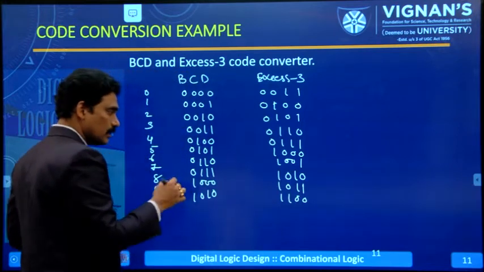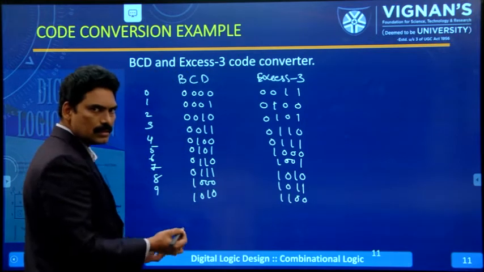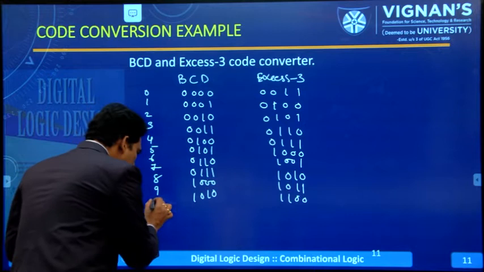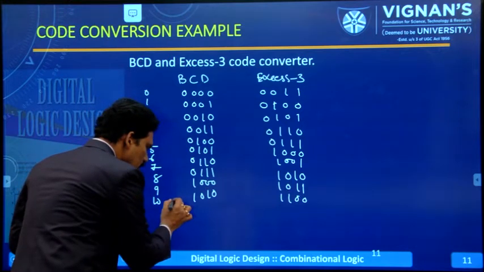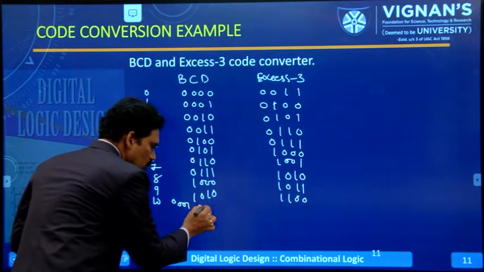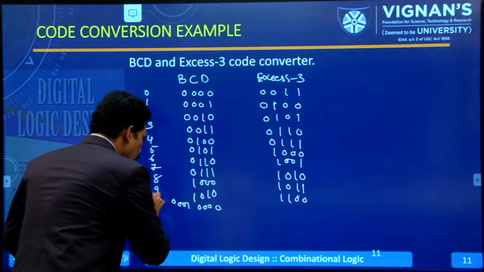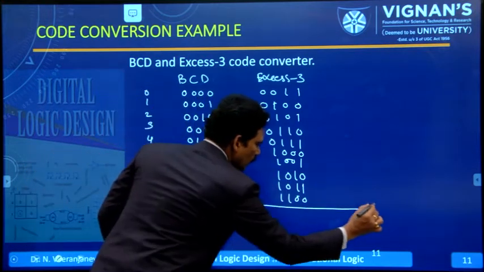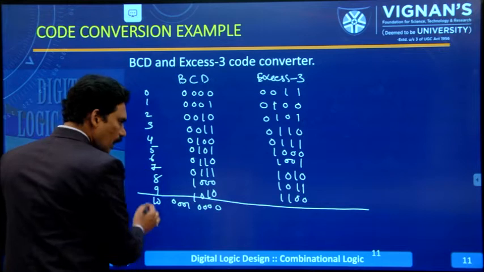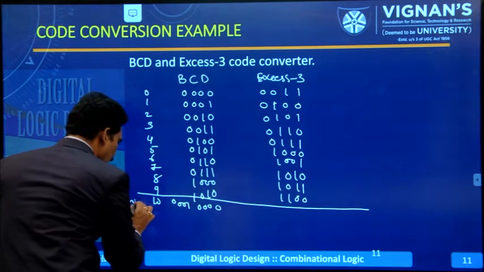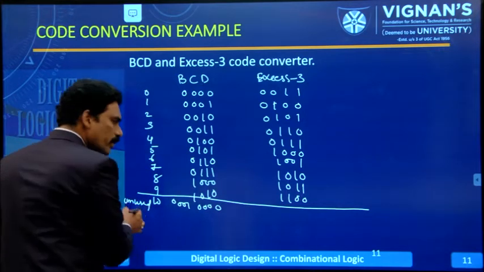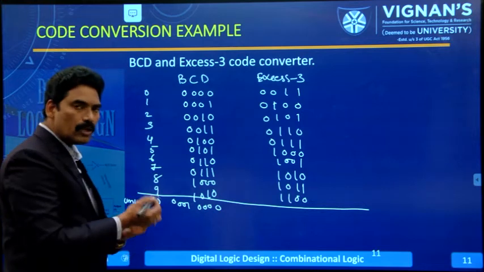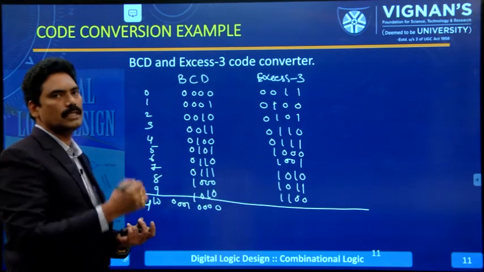But the next BCD number, 10, is 1010, and so on. We are not going to consider these values; these are called unused combinations. We use the unused combinations in K-maps as don't care conditions.